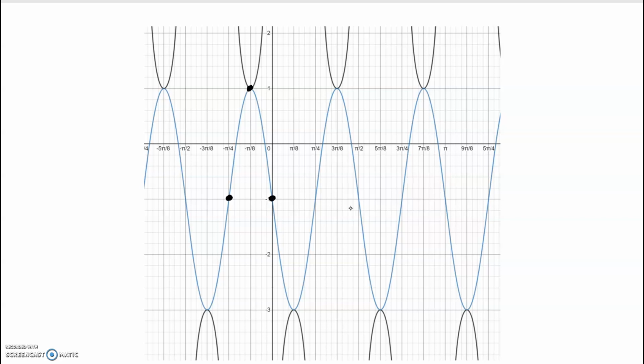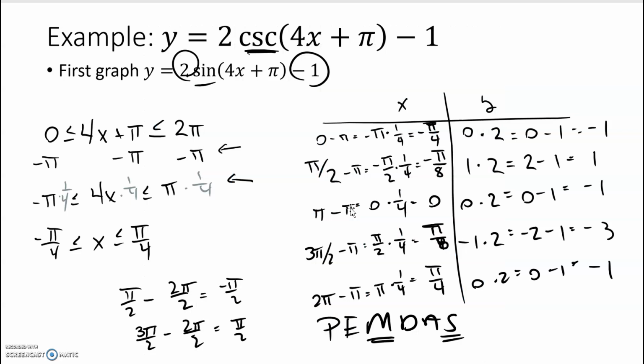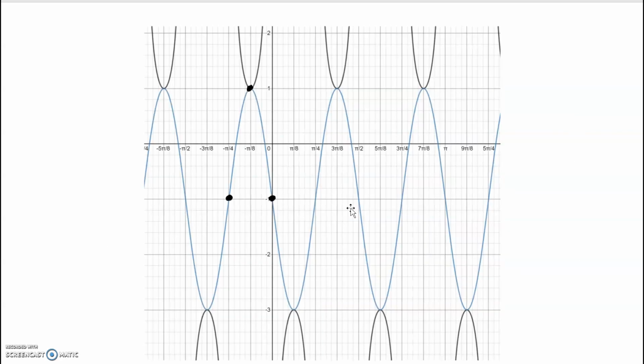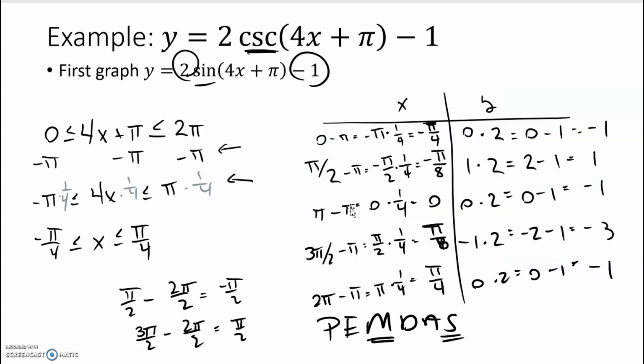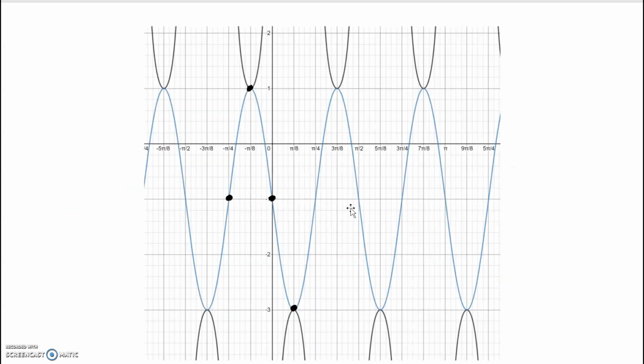And then I have pi over 8, -3 right here. And then pi over 4, 1. Sorry, that should be -1, which is right here. Okay, so there's my sine function that I'm going to use to build my cosecant.